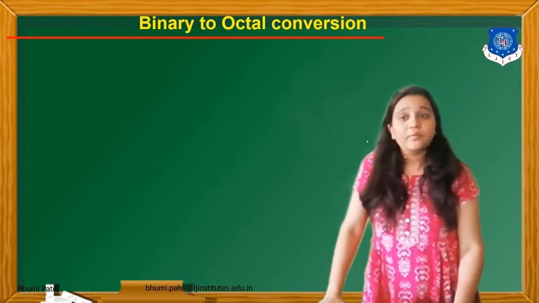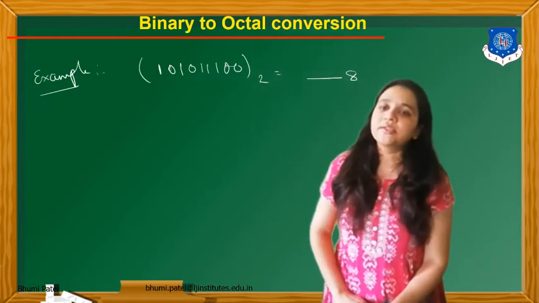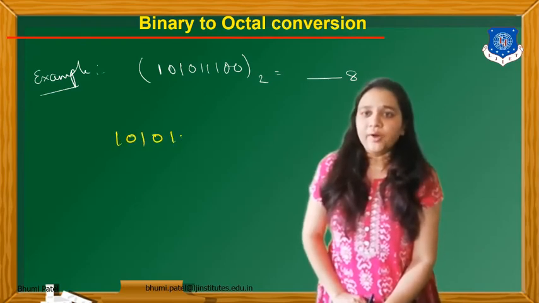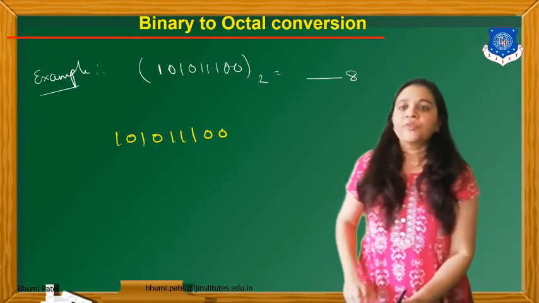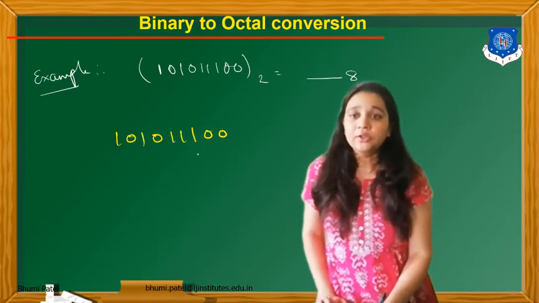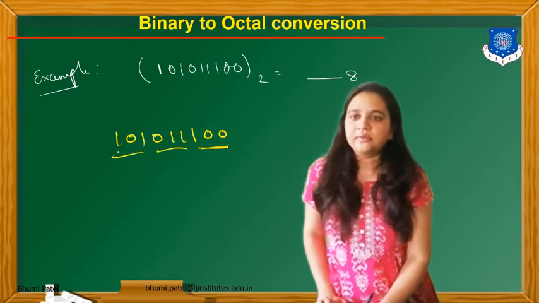Now you have to do the binary to octal conversion. This binary number is given, 101011100. Now you have to convert this binary number to octal. So you have to make pairs of 3, these 3 and these 3.